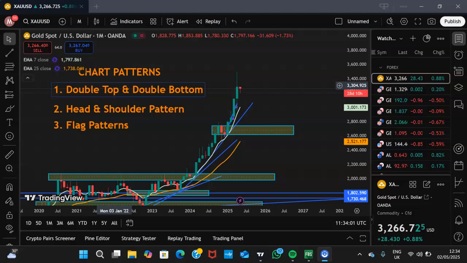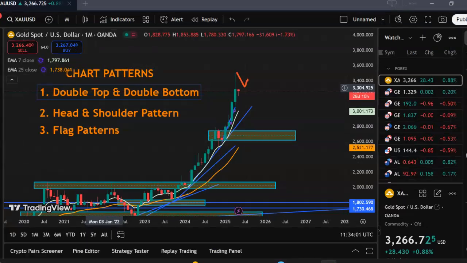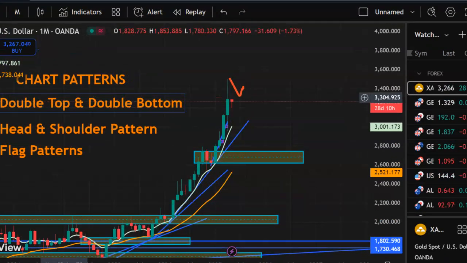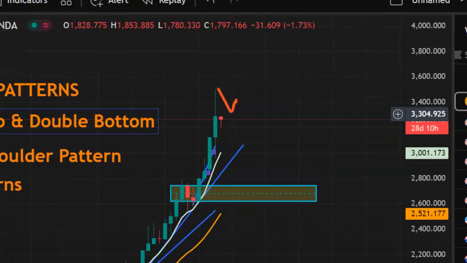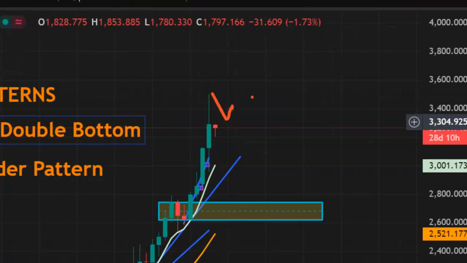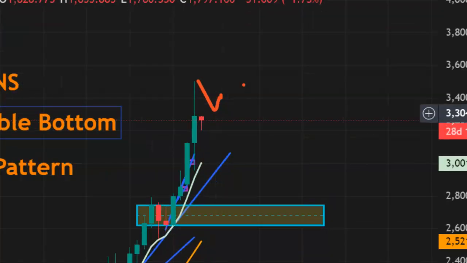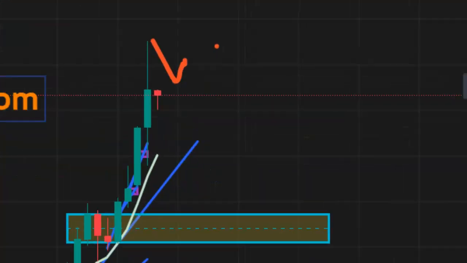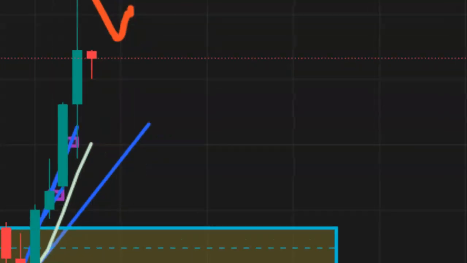Now I want to talk about the bearish version of this. The bearish version will be, you notice price starts to sell and then it tries to pull back. Sorry, let me zoom out.